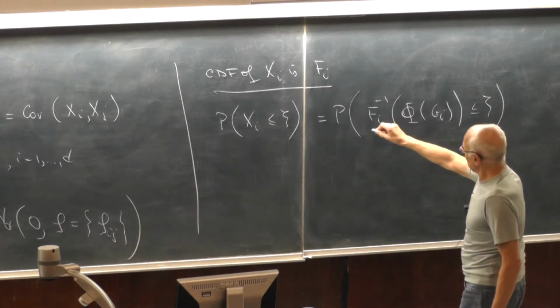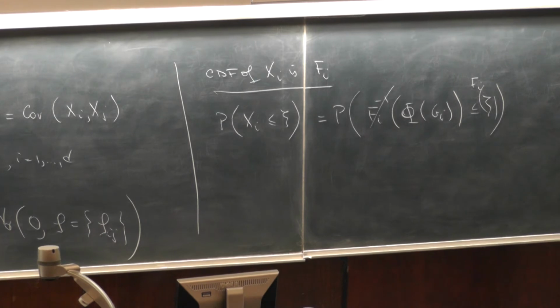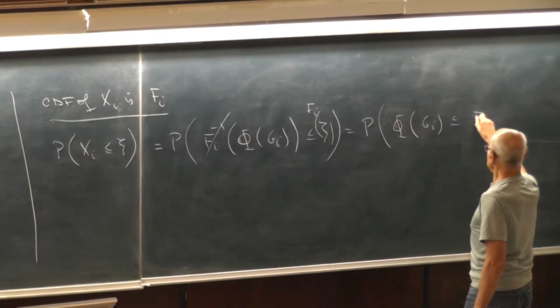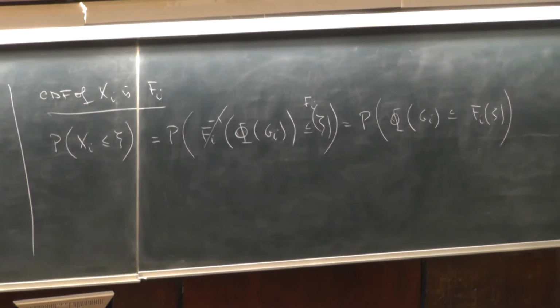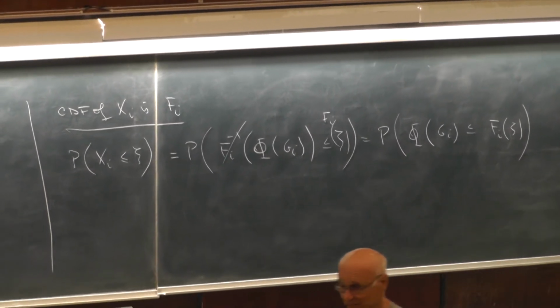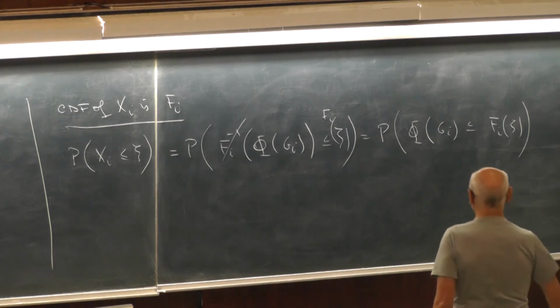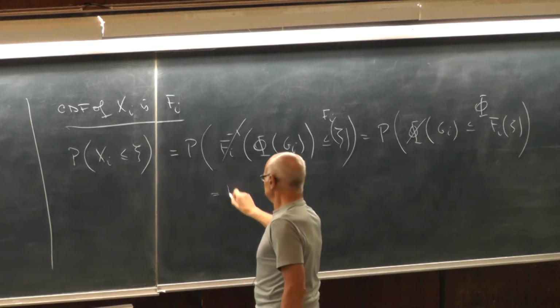If I cross this and I put it here, it's perfectly all right. And then I can get rid of this, but let me go in 2 steps. And why can I do this and not change the inequality? The function is monotonically increasing, it's a CDF. Otherwise, it wouldn't work. And I do the same trick one more time.